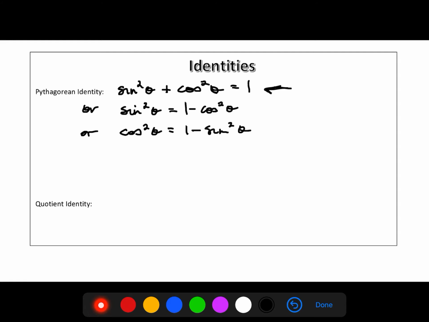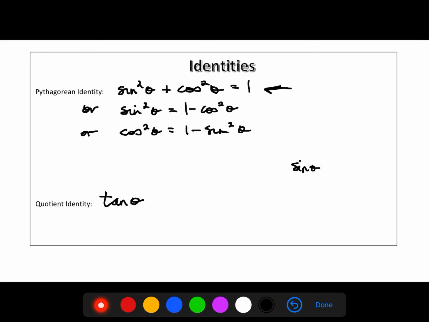So the big one to remember is our sine squared theta plus cos squared theta equals 1. And we must remember that. And we can use that and replace. So for example, we could replace sine squared theta with 1 minus cos squared theta. Those values are interchangeable, and we'll get into exactly why or how we want to use those in a moment.